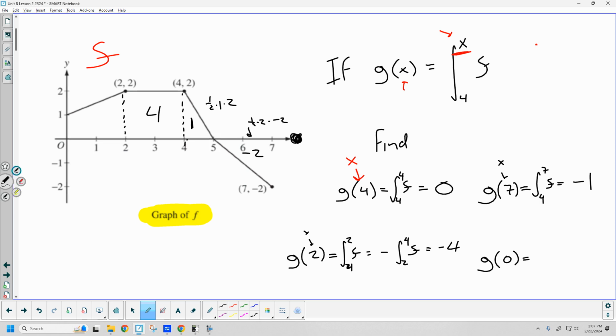Fish, I'm calling on you for G of 0, and you're going to tell me what it is. Okay? Everybody find G of 0, and Fish is going to tell us the answer. Give him the wrong answer. Explain it. You should explain it.